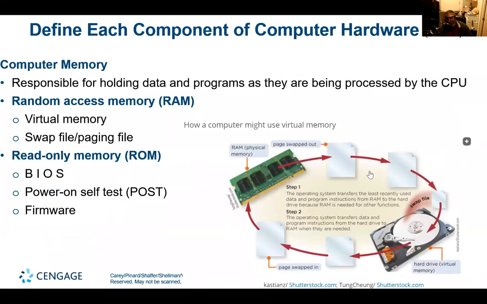Define each component of the computer hardware. All right, so you have computer memory. This is responsible for holding data and programs as they are being processed by the CPU. Random access memory, or RAM, is considered to be virtual memory, and it swaps files, usually called paging files.